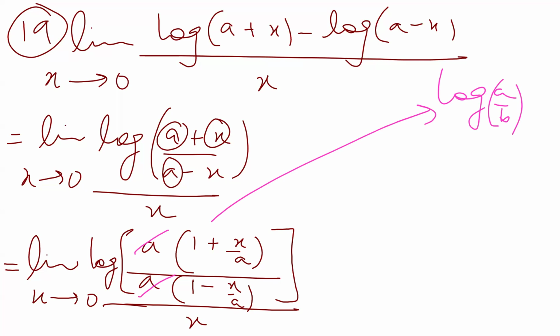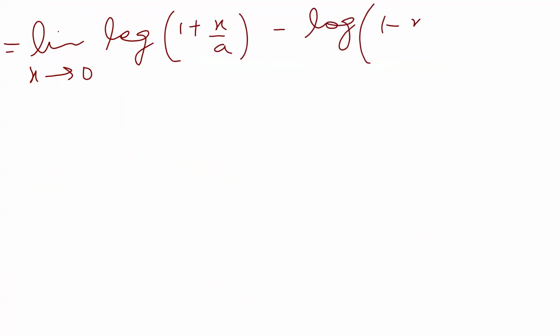What is log a upon b? Log a minus log b. That I will write on the next page. Limit of log 1 plus x upon a minus log 1 minus x upon a, upon x.